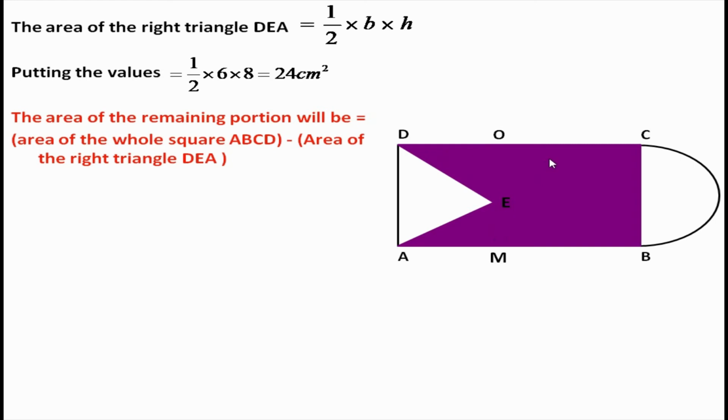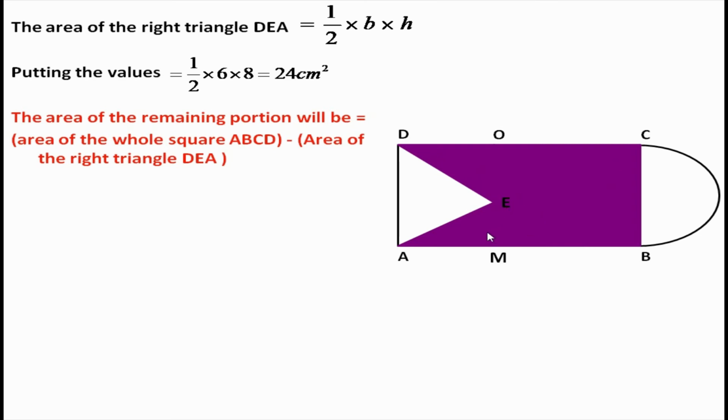Now why are we taking out the area of this remaining portion? Because in the question this line was not there. In order to take out the area of this whole figure, we joined this line. We connected a line from D to A. This line DA is drawn by us for carrying out the area of this whole figure easily.